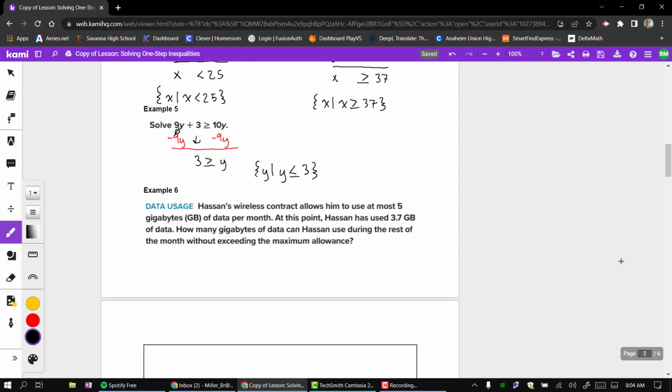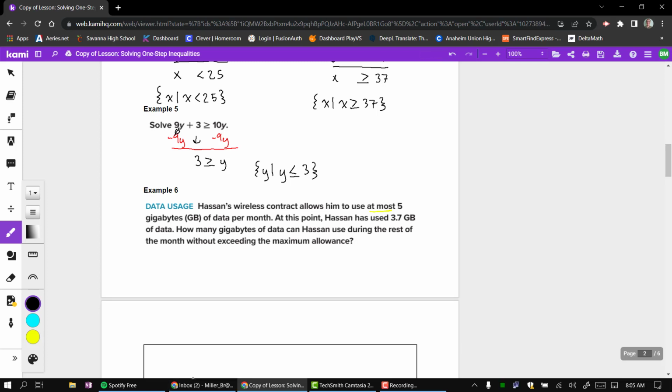All right, let's take a look at number 6. So Hassan's wireless contract allows him to use at most, so that's a key word right there, at most, 5 gigabytes of data per month.